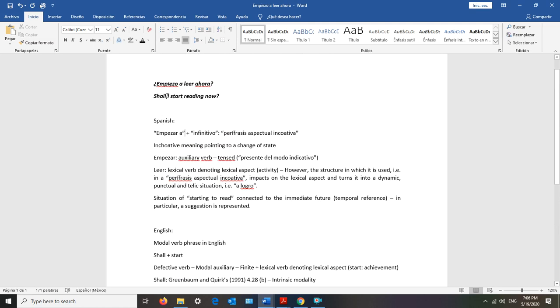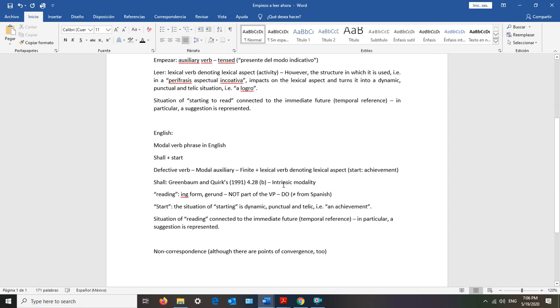In this interrogative form, we have first the auxiliary verb, then the subject, and then the lexical verb. But in any case, reading is not part of the verb phrase. In contrast, it is the direct object. So it is a different constituent altogether from the verb phrase. This is very different from Spanish, okay?